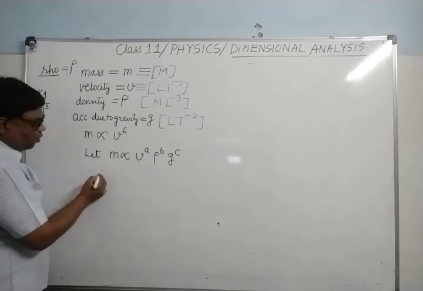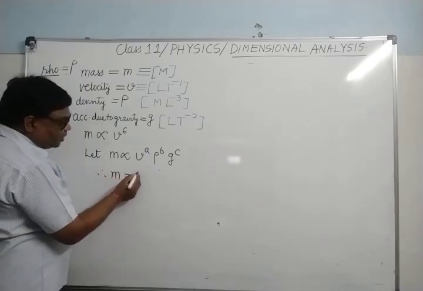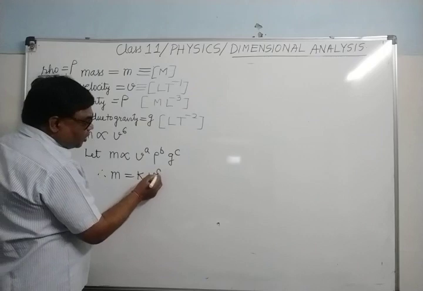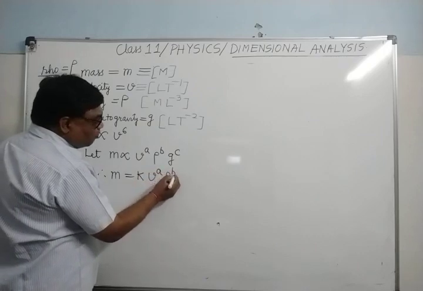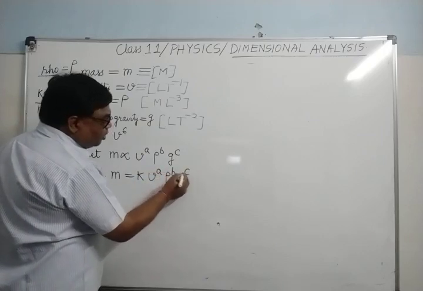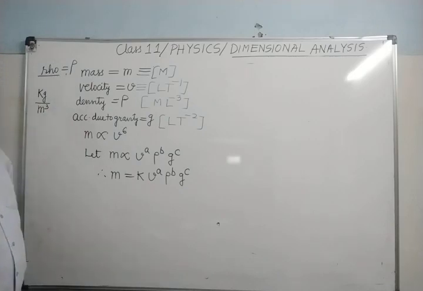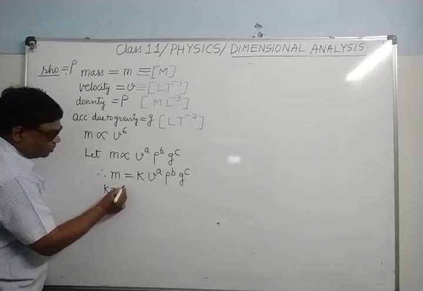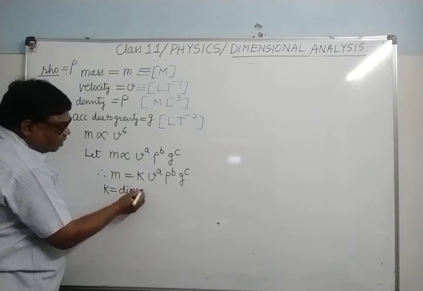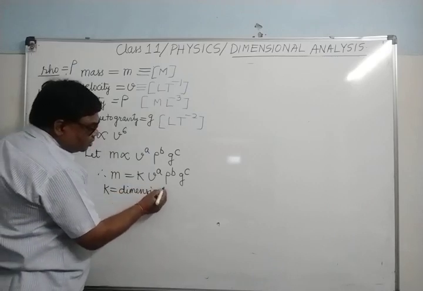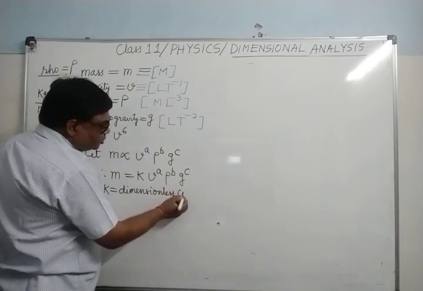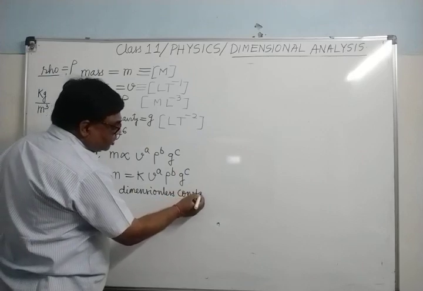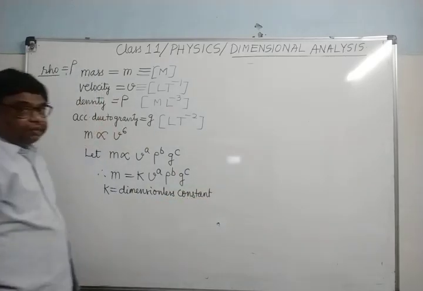So therefore m you can write as k v^a rho^b g^c. Now see here, k is what? Dimensionless. It is a constant which has no dimension.